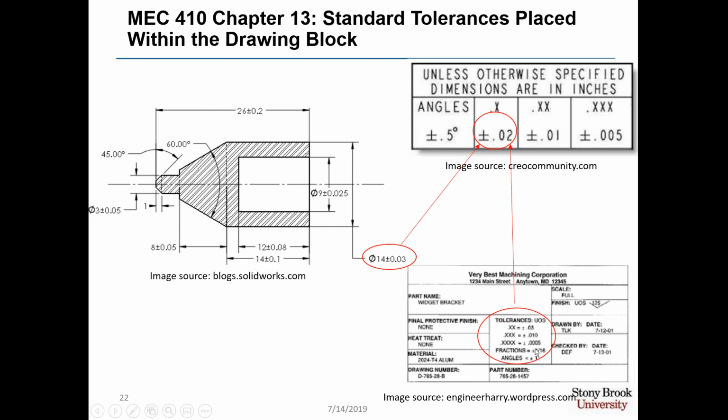So it's a handy way to specify your tolerances without having to write them all out. Here on the upper right, we have different numbers to use based on the number of decimal places. But that saves you a lot of plus and minuses, and therefore you only have to give plus or minus tolerances when the numbers deviate from what is used in your drawing block.